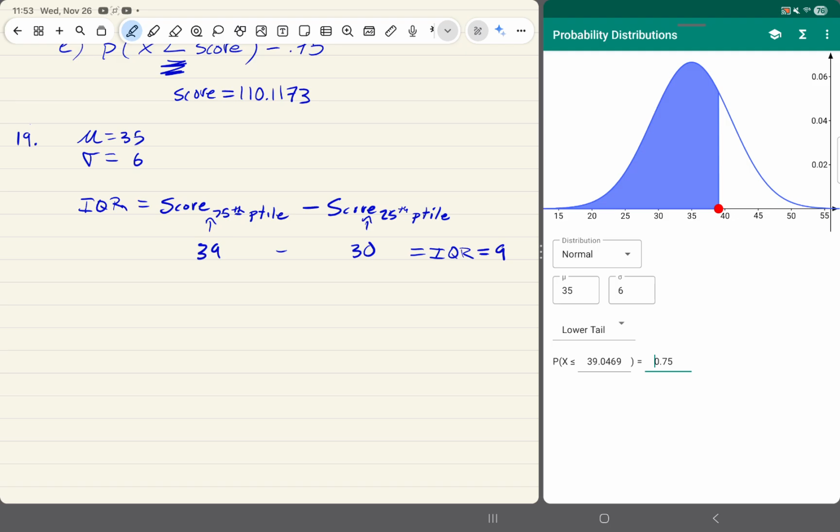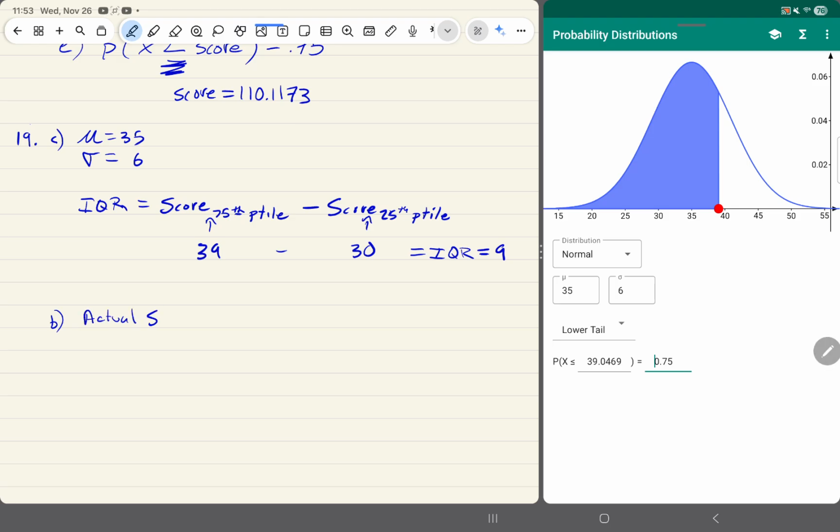The next part of the problem is rather tedious. It asks you to compute the z-scores for each of the actual exam scores in the data set, and then to compute the percentile rank for those scores. I'm not going to go through all of them, but we'll go through a few of them.